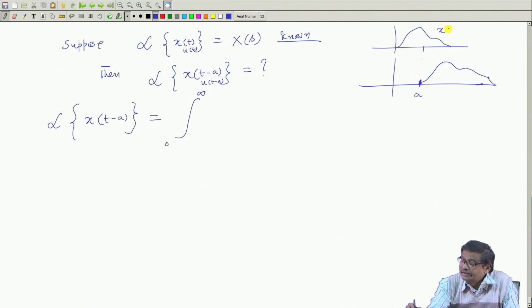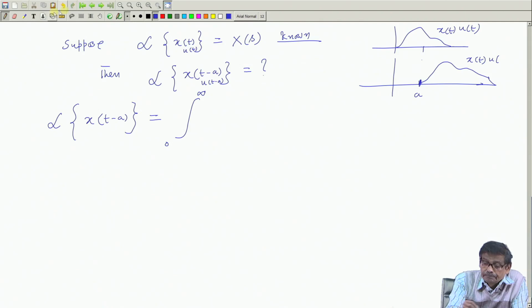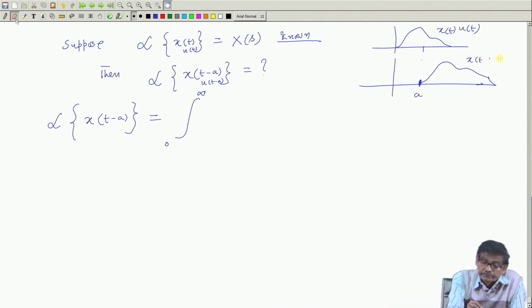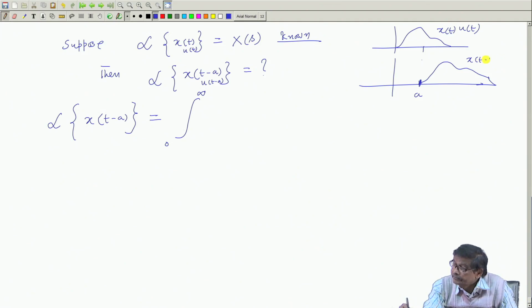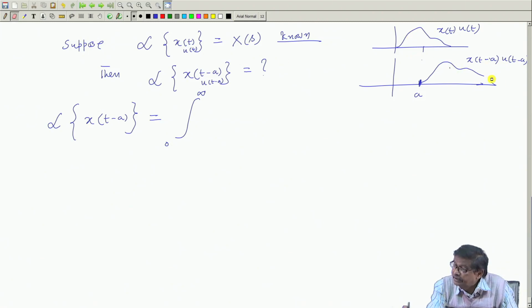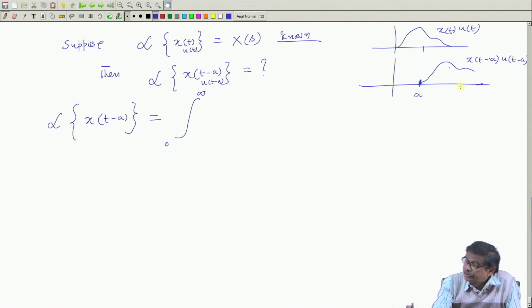So, this is x(t) into u(t), and this is x(t minus a) into u(t minus a). Got the point? Same function. You have understood the point.